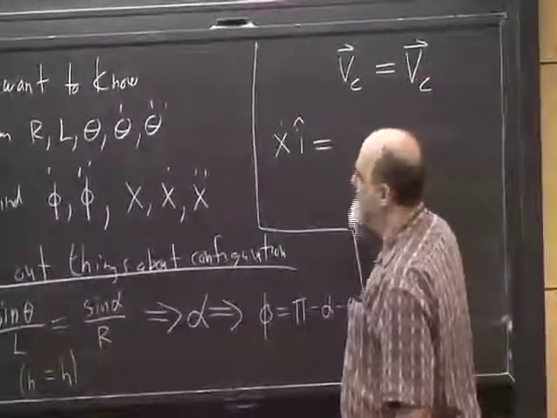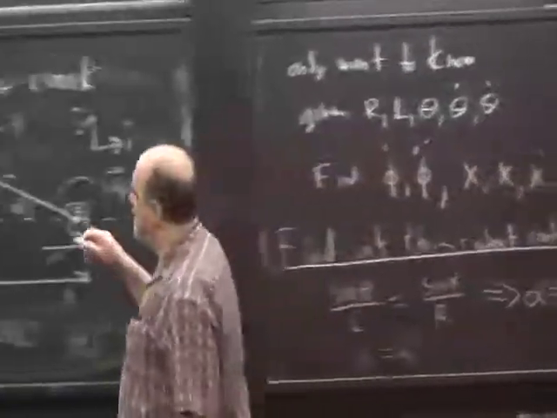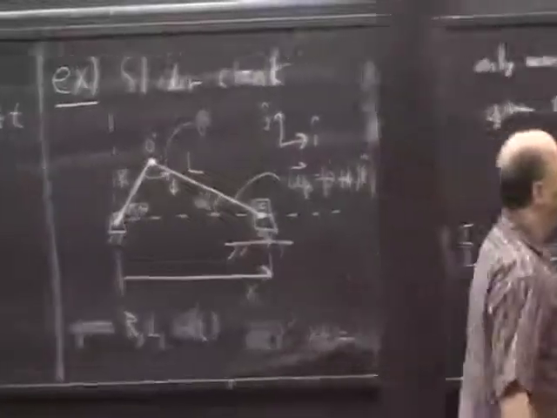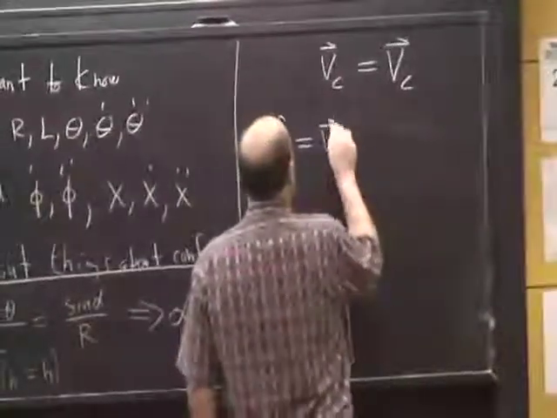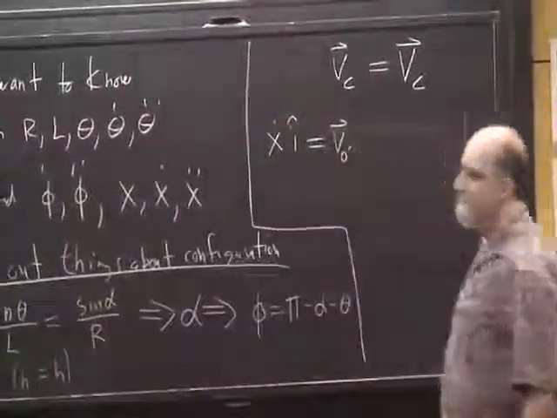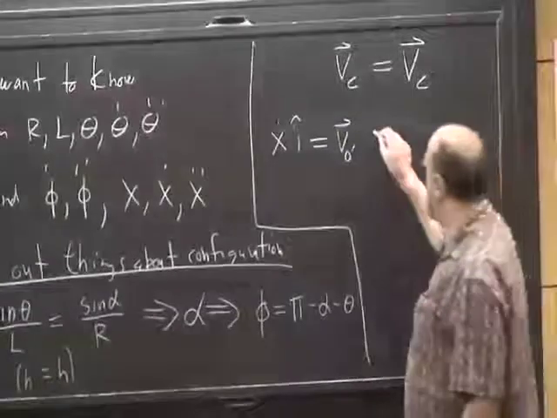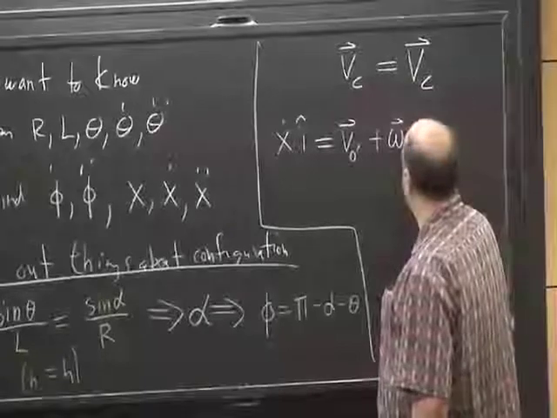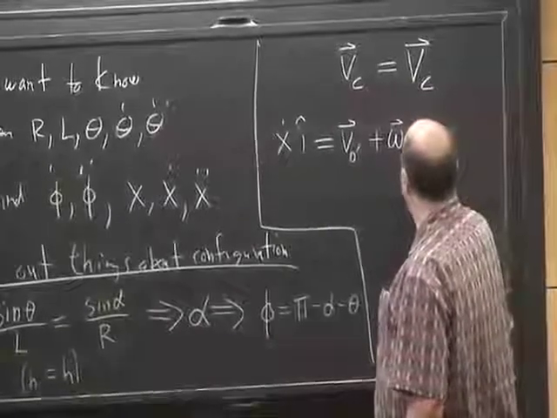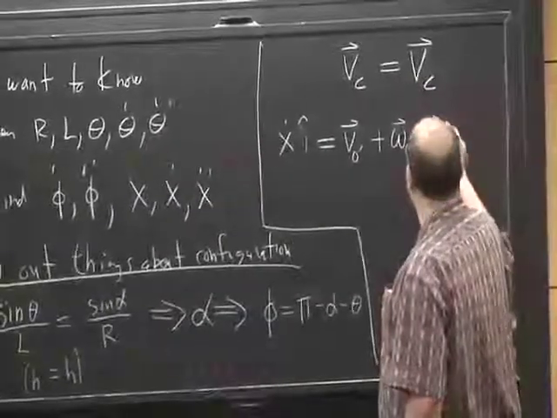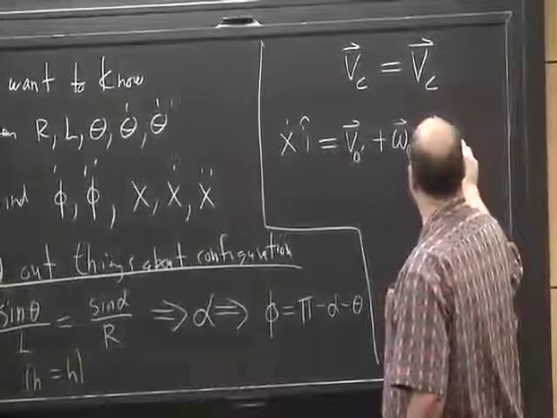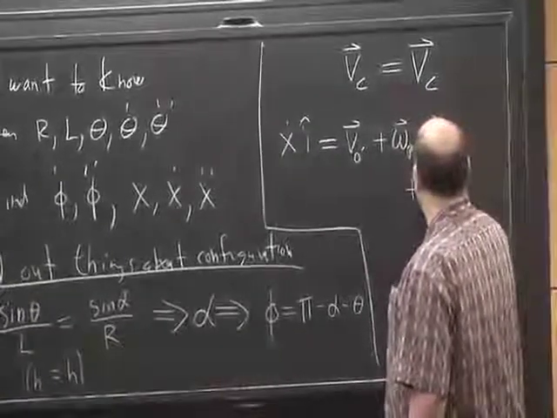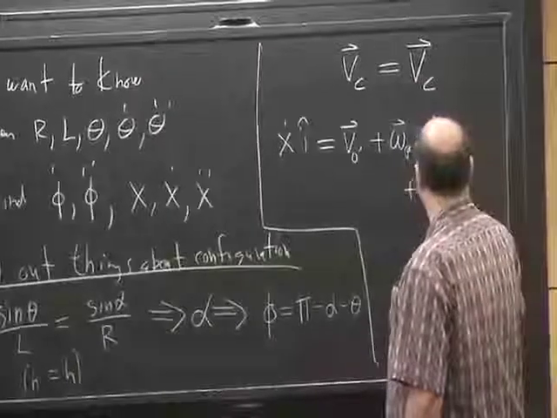The velocity of c, we'll call this thing O prime, is going to be the velocity of O prime plus omega of that body, crossed with the position of c with respect to O prime, plus the velocity of c with respect to that moving body.